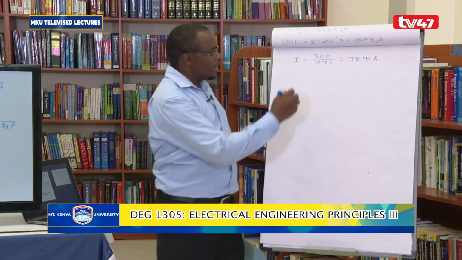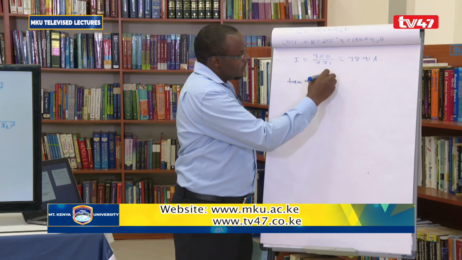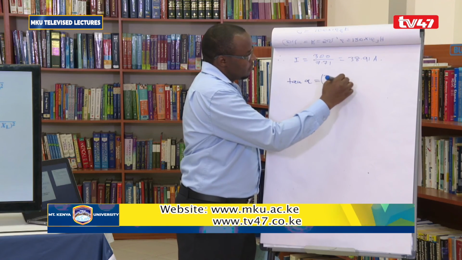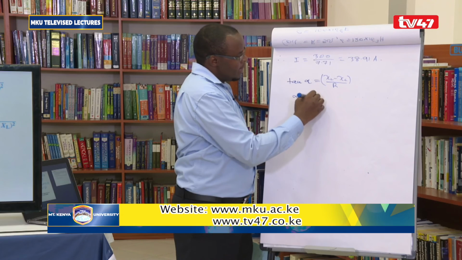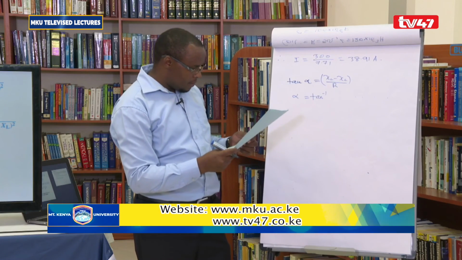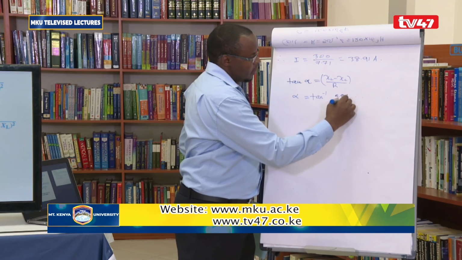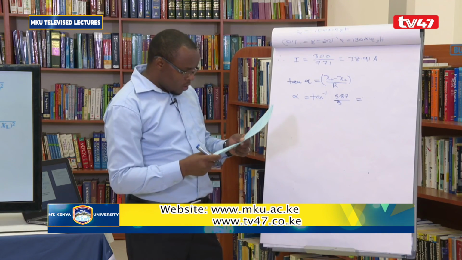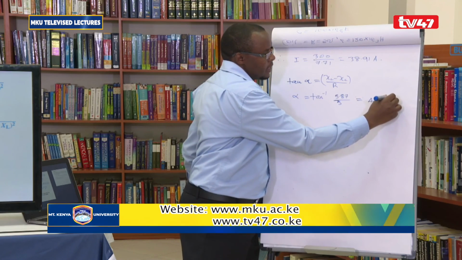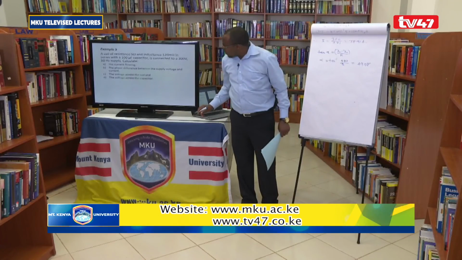So tan alpha is going to be given by XL minus XC all over R, such that the angle alpha is the tan inverse of the difference, 5.87 all over 5, and this is going to give you an angle of 49.58 degrees. This one will be our answer to part B.